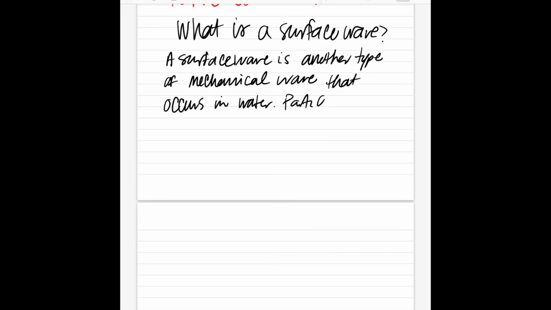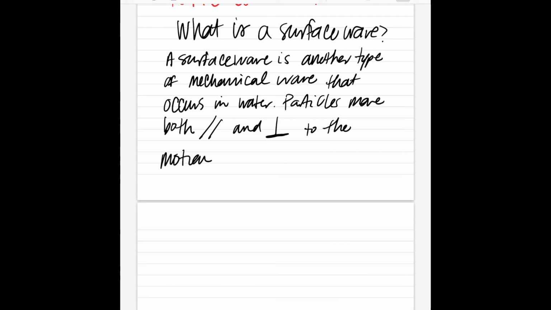Particles move both parallel, I'm going to use the symbol for parallel, and perpendicular. There's a symbol for perpendicular, to the motion of the wave, and their motion becomes circular.